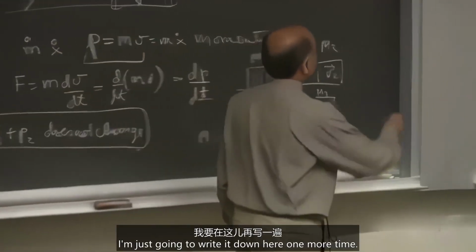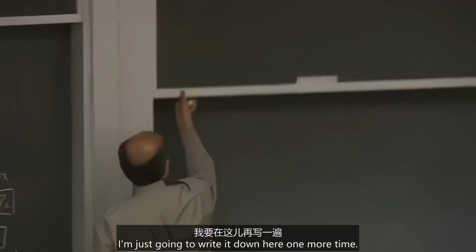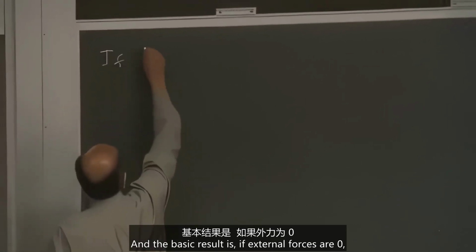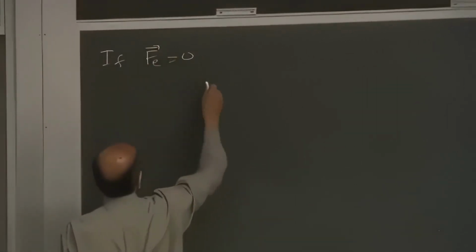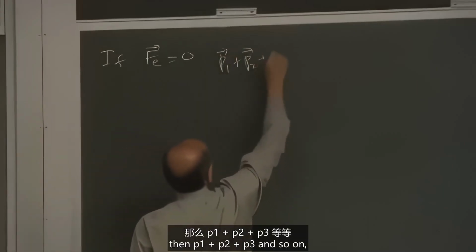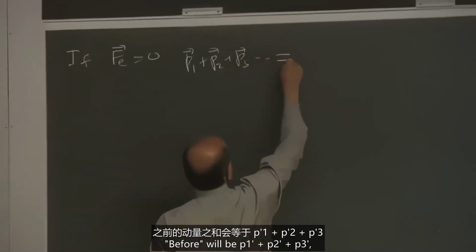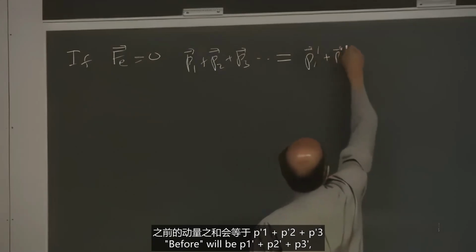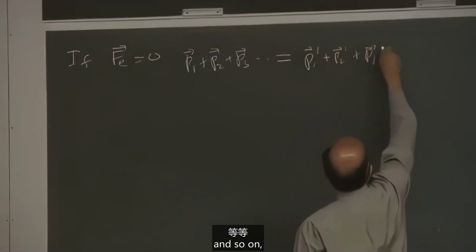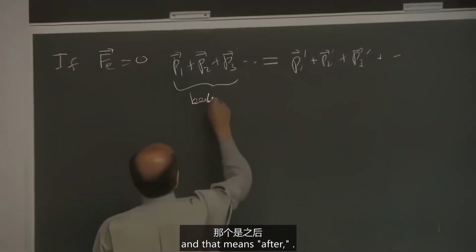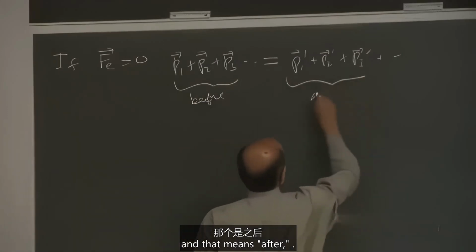So that's so important. I'm just going to write it down here one more time. And the basic result is if external forces are 0, then P1 plus P2 plus P3 and so on before will be P1 prime plus P2 prime plus P3 prime and so on, where this means before and that means after.